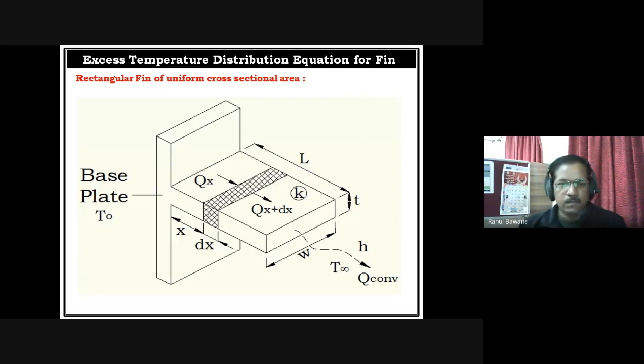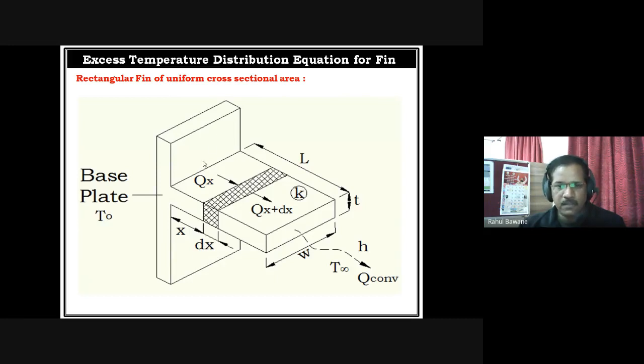Now we are considering one element. This element section is at a distance x from the base surface, and this elementary section has a thickness dx.